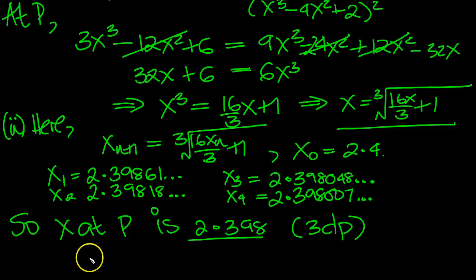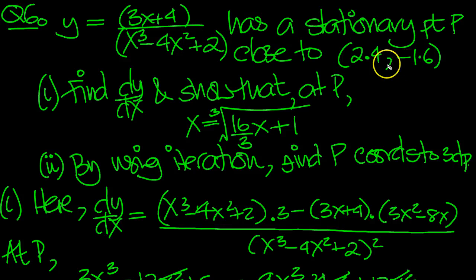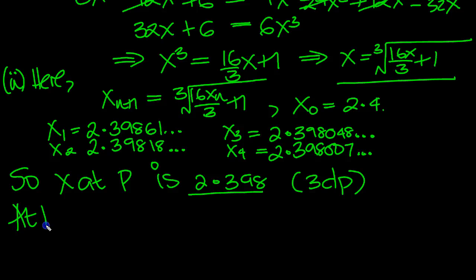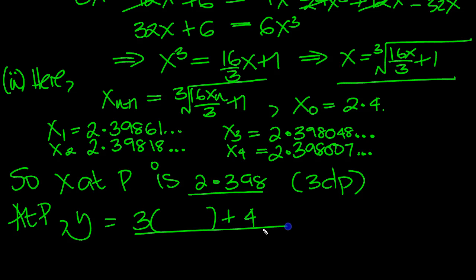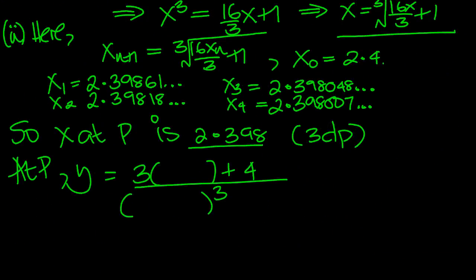That's fine. So what is the y coordinate? Well, we need to work that out, don't we? So we need to go back here to get our formula for y, because we need the coordinate to 3 decimal places. So at P, y is equal to 3x plus 4, all over x cubed minus 4x squared plus 2.